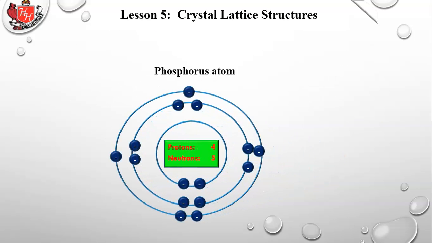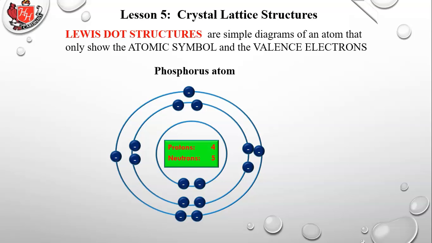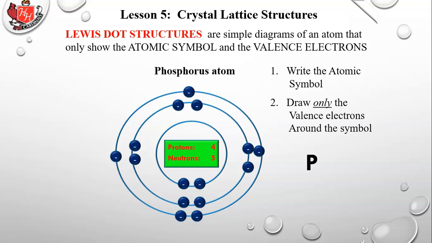One more, phosphorus. See if you can do this one yourself. Write the atomic symbol, there it is, and place the electrons. Okay, and there it is.